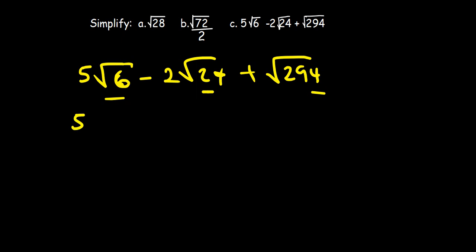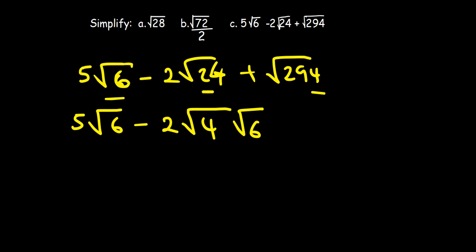You just say root of 6 minus 2, then when we multiply 4 by 6 we get 24, so that will be 4 multiplied by root of 6. Plus, in the other one it's 49. When we multiply 49 by 6 we get 294.